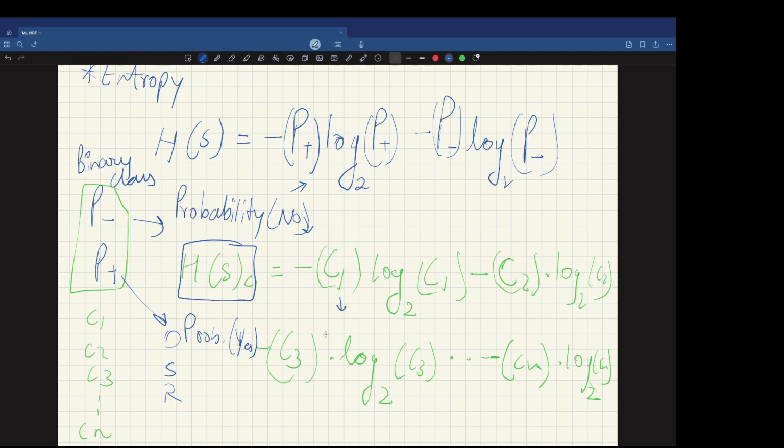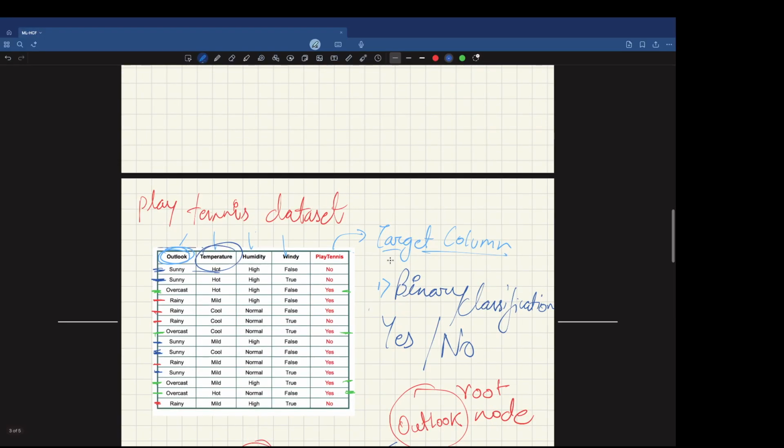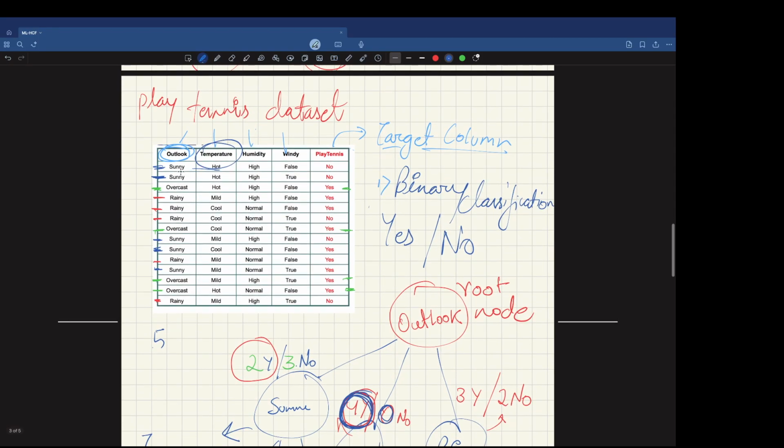C1 means again that column, how many times that particular feature came. For example, I'm talking in the Outlook, how many times Sunny came? So 1, 2, 3, 4, 5. 5 times Sunny came. So what is the probability of Sunny? 5 over how many total are there? 1, 2, 3, up to 14. 5 on 14.